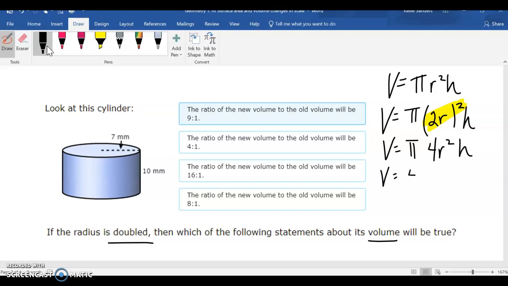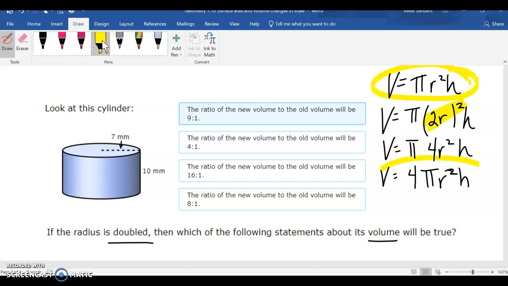And then if I just rearrange it and put the 4 first, this is the old, this is now the new. So the new is 4 times bigger. So the new is 4 to 1.